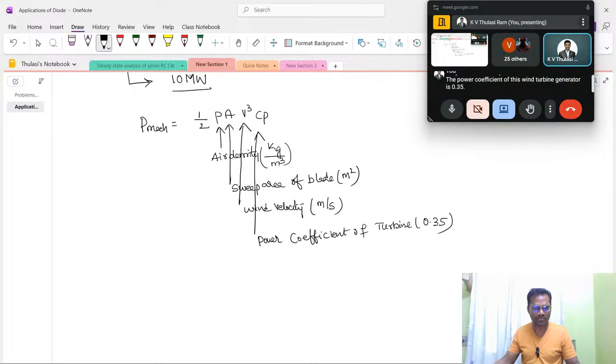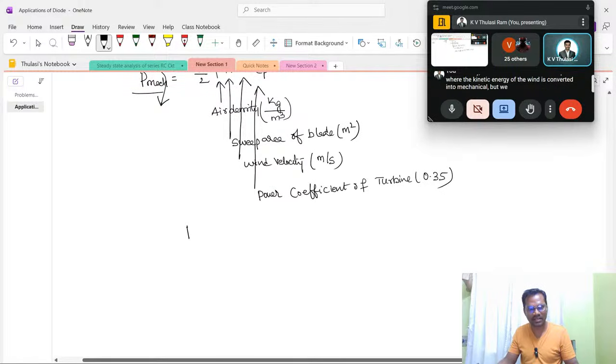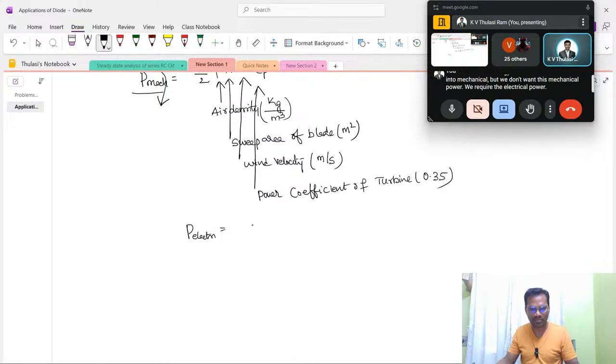Now this is the mechanical power, where the kinetic energy of the wind is converted into mechanical. But we don't want this mechanical power, we require the electrical power. So electrical power is equal to mechanical power multiplied with the efficiency of the gear multiplied with the efficiency of the generator.